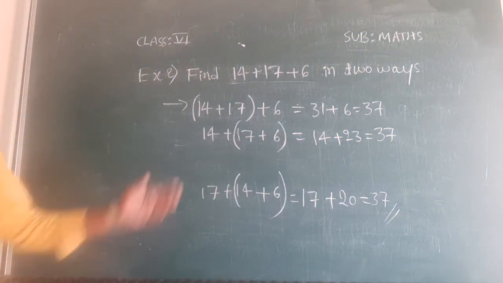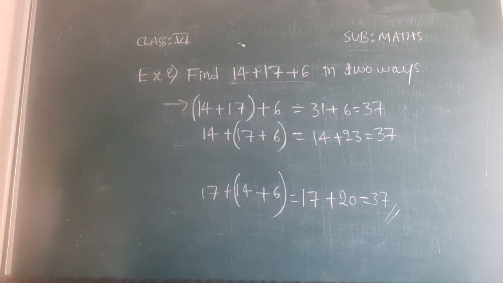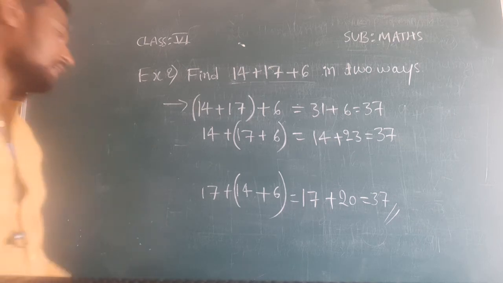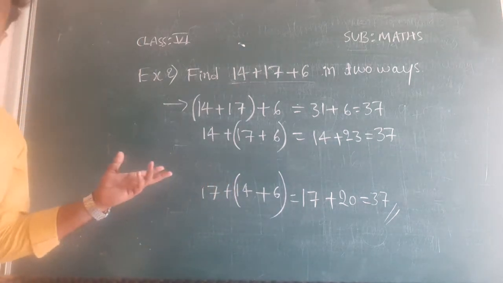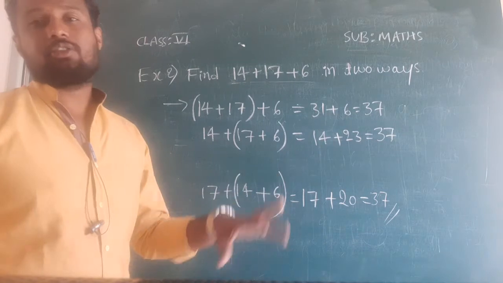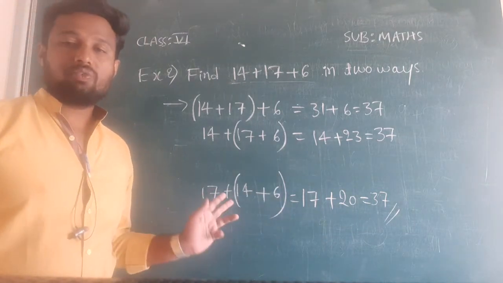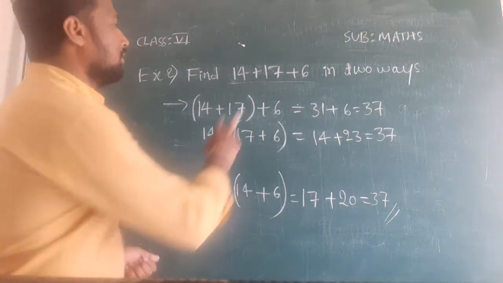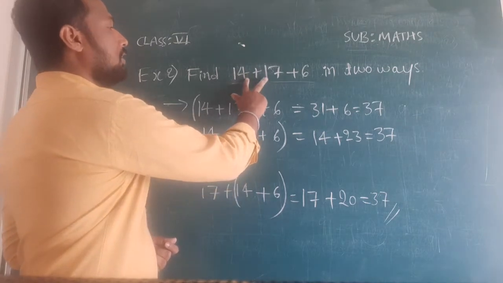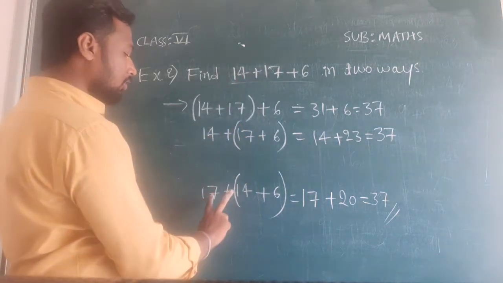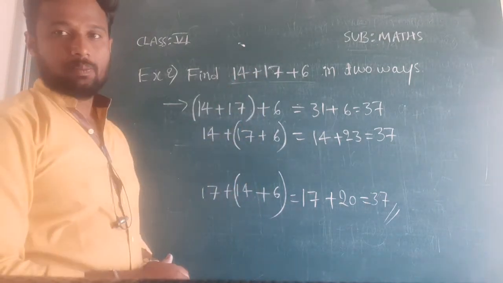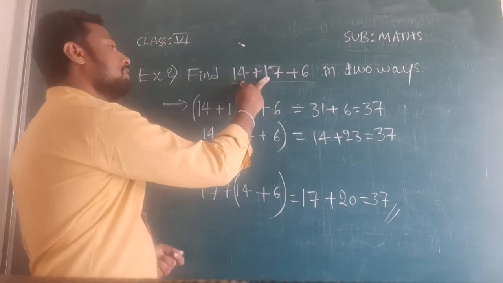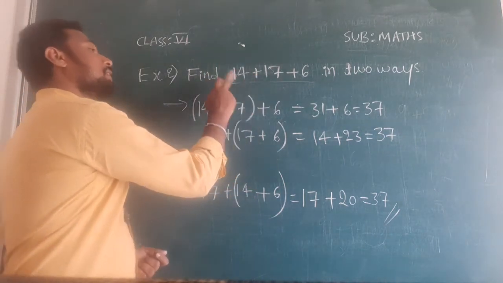Like this, in the first two methods we applied only associative property, and here we applied commutative property and associative property also. What we did here, first we interchanged the first two terms, 14 plus 17, so that here I have written 17 plus 14. We know that 14 plus 17 is equal to 17 plus 14.